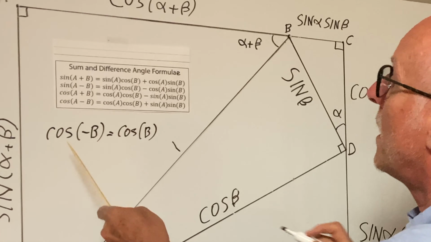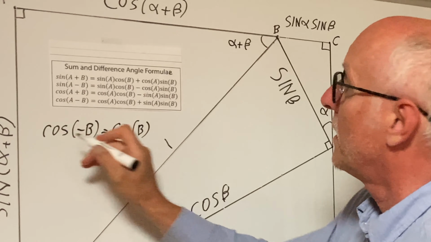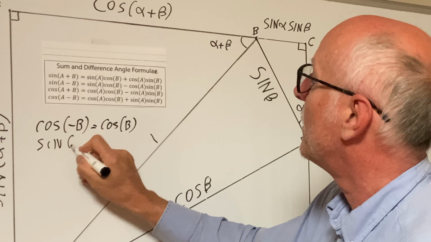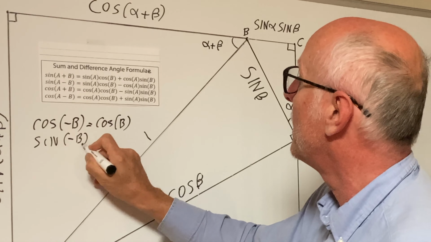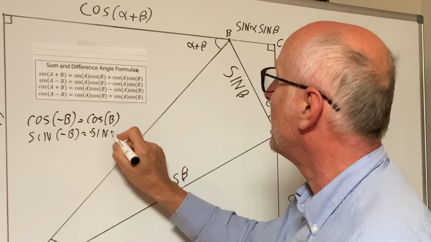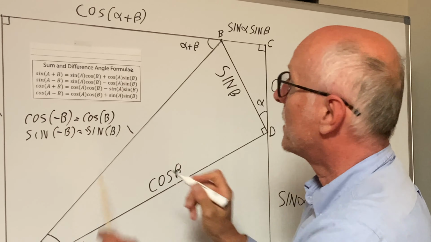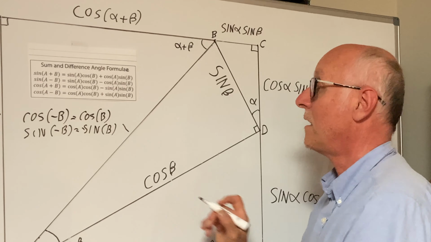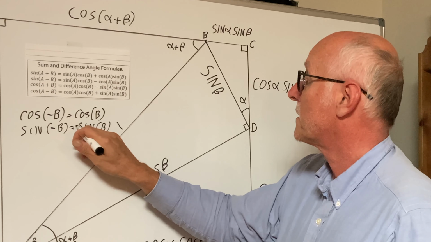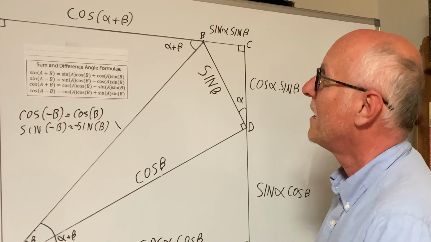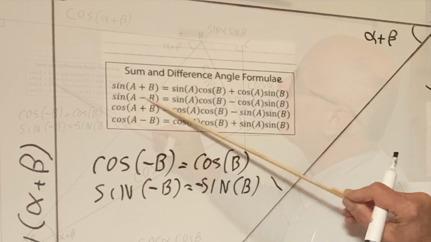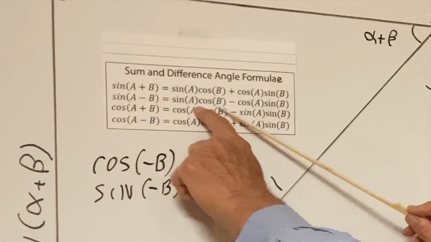This is an even symmetry. And sine of minus b equals negative sine of b. You get a negative sign right there. Minus sine. That's called odd symmetry.